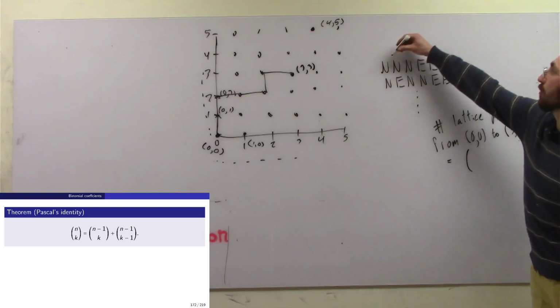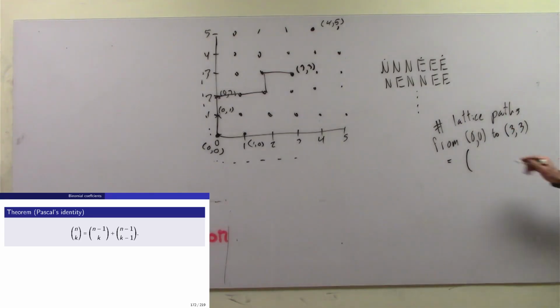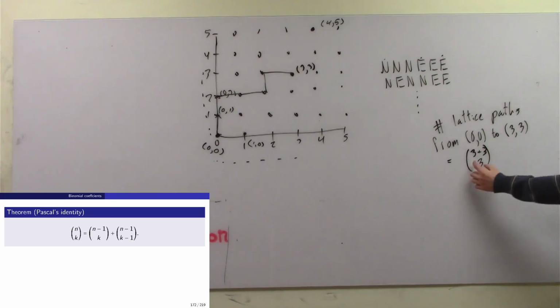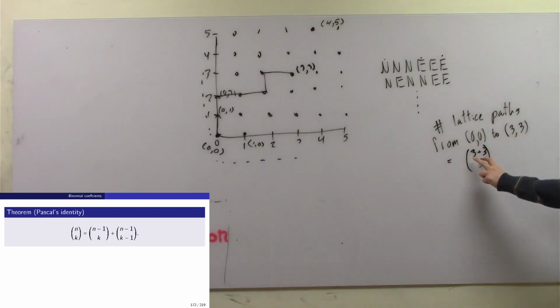And we're just going to choose 3 of those positions. And once we do that, our east moves are actually locked in as well. So we have 3 plus 3 choose 3, this 3 just being one of our moves, either our north or east moves, and then summing up how many moves in total.